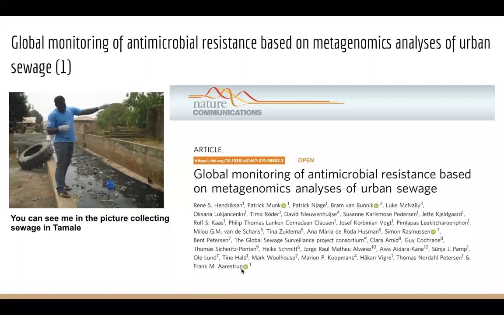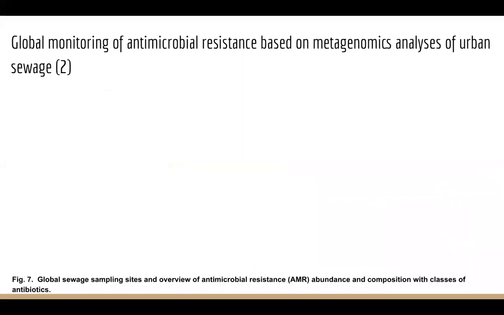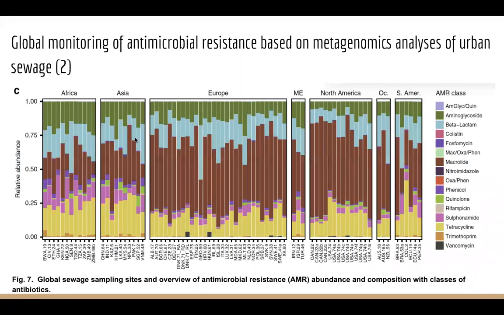And through that, we were able to get some interesting results, which I'll share with you. We analyzed this through metagenomic analysis. Linda will talk about it when it comes to the identification and the rest.